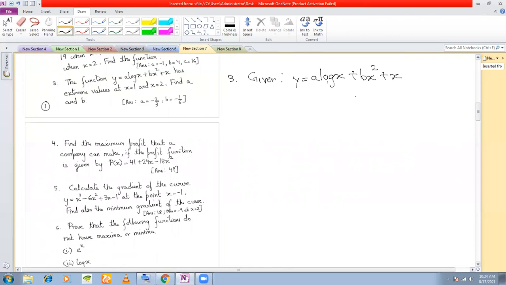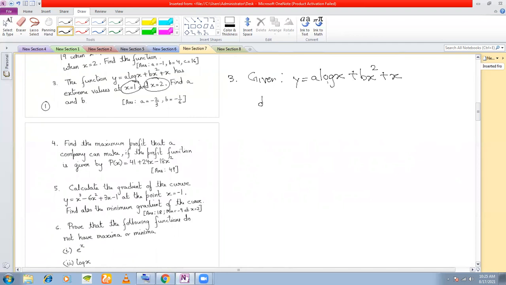Find a and b. Now what do you mean by extreme values? Extreme values means that it either has a maxima or a minimum at x is equal to 1 and x is equal to 2. We don't know which one, but it definitely has some extreme value that is either a maxima or a minima. And you know that for a maxima or minima, the first derivative must vanish. That means first derivative is 0 at x is equal to 1 and x is equal to 2 both.